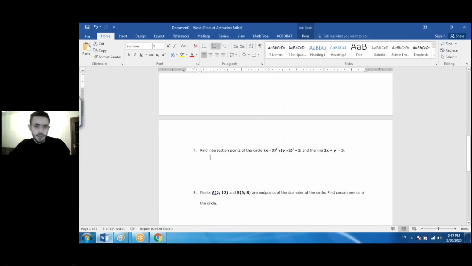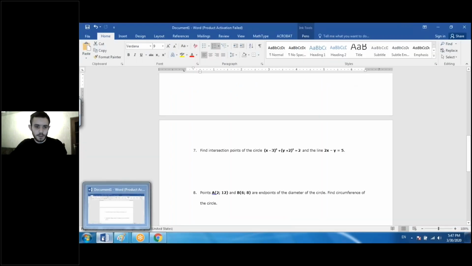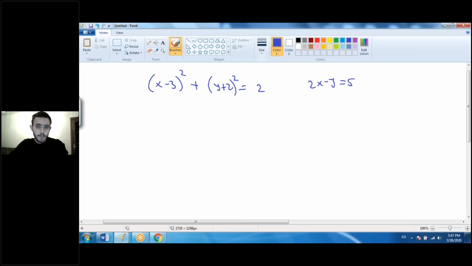Number 7. Find intersection points of the circle (x minus 3) squared plus (y plus 2) squared equals 2 and the line 2x minus y equals 5. Let me just check it. Yeah, everything's okay. So if these two are intersecting, it means at the point of intersection they are equal.